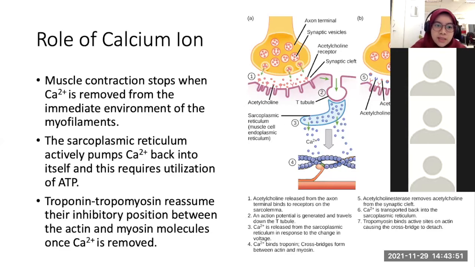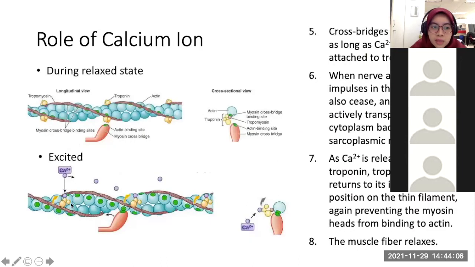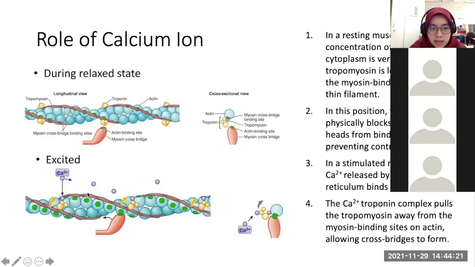Some people may have conditions like constipation, where the gastrointestinal lining doesn't contract accordingly. So diseases that affect the levels of calcium ion and ATP will cause troubles in, for example, movement. Okay, any question?